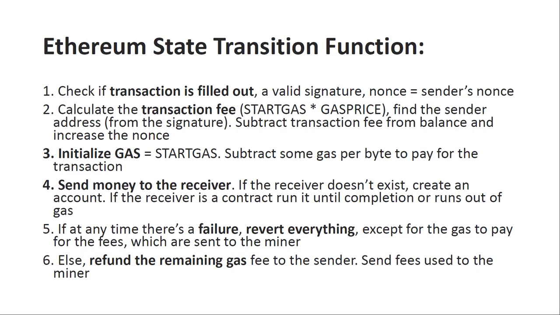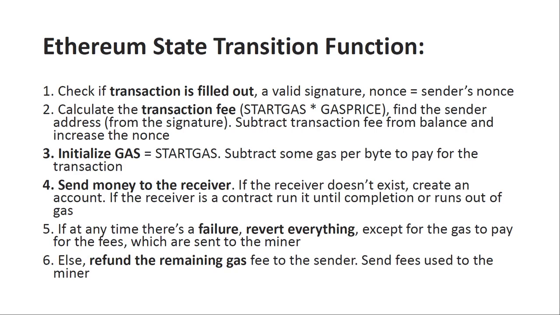The nonce should match the sender's nonce. First step is done. Next step, calculate the transaction fee, which is the multiplication of start gas and gas price. So what we are doing, we are finding the sender address, subtracting the transaction fee from the balance, and increasing the nonce. Then we will initialize the gas.